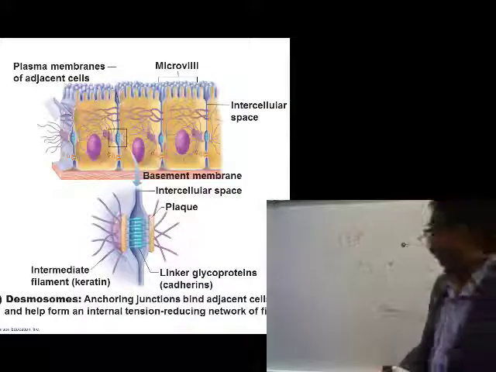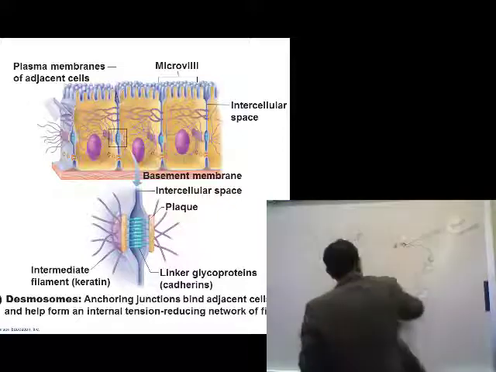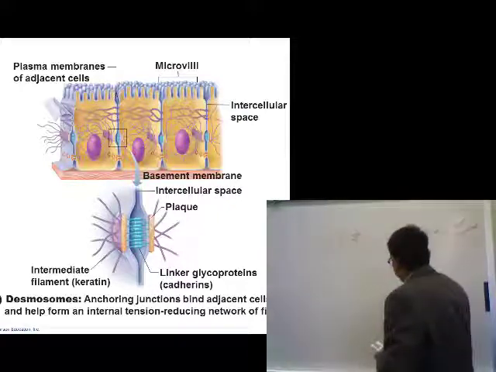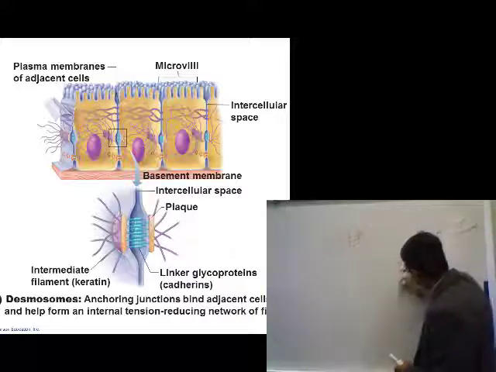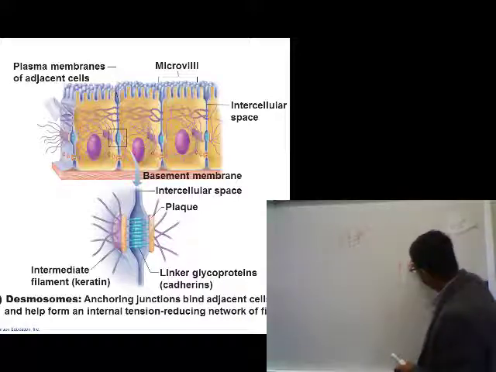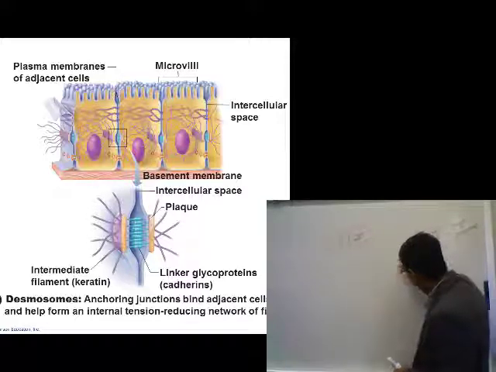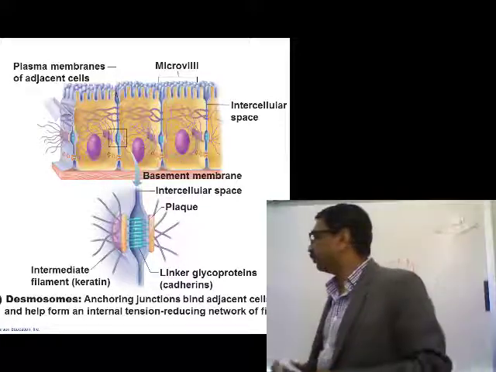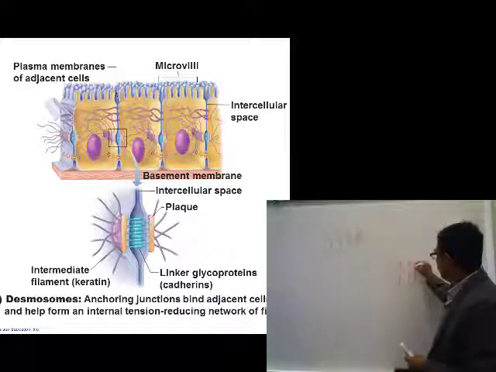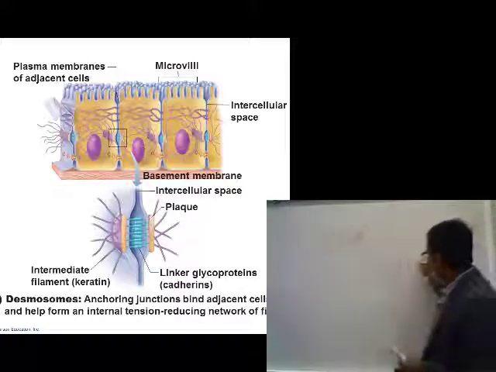Desmosome, as I have mentioned, what happens? This is one cell membrane. This is another cell membrane. In the inner surface of the cell membrane, you have a disc-like structure. That is called plaque. So these two are plaques.